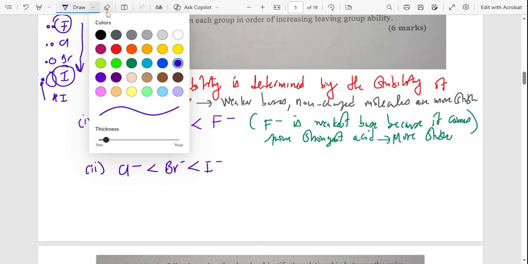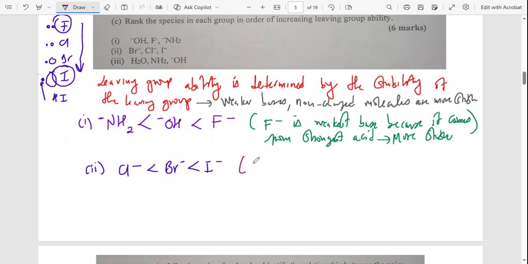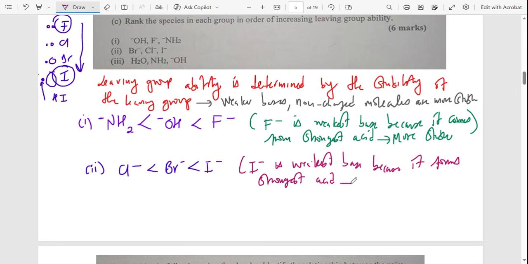Please, you need to know the explanations. So what's the explanation? I minus is the weakest base because it forms the strongest acid. And what's the reason? It's because of the size. So this one has to do with size.